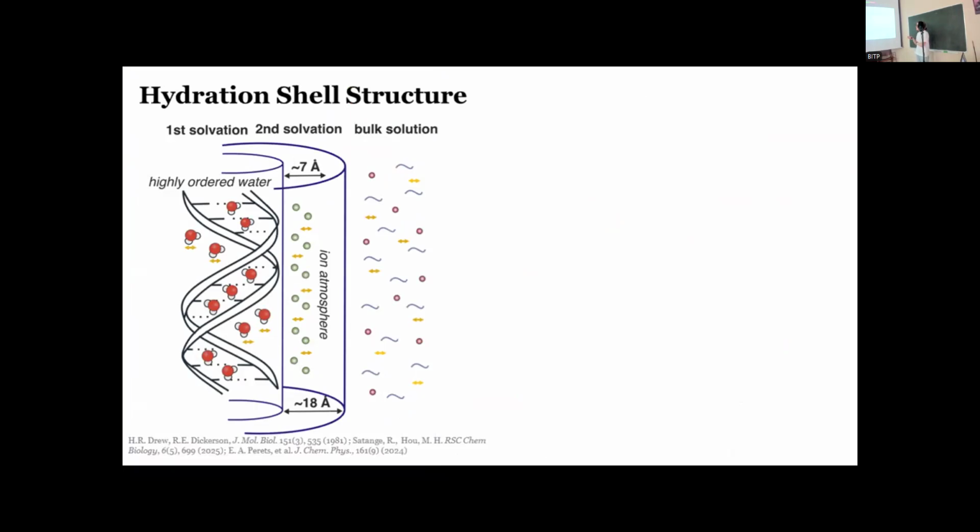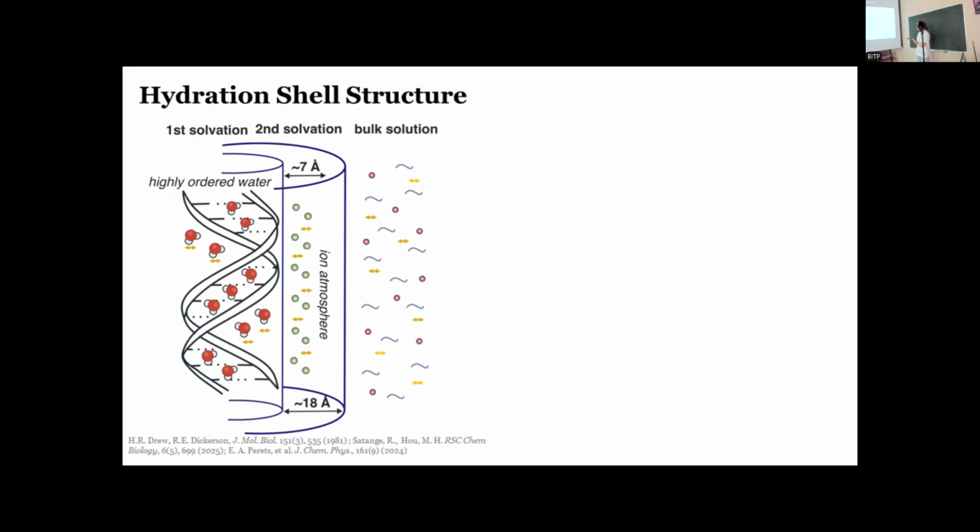The intermediate layer is where the ion atmosphere is also absorbed, but I will come back to it later. And water molecules together with ions which are in direct contact with the DNA surface form the innermost solution layer, which is the most ordered part of the hydration shell.